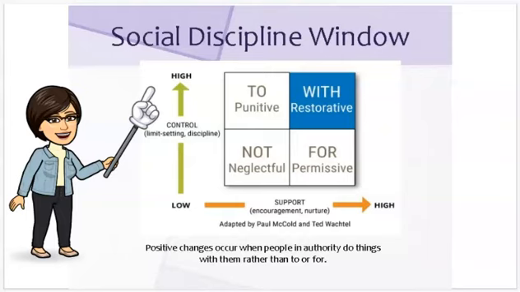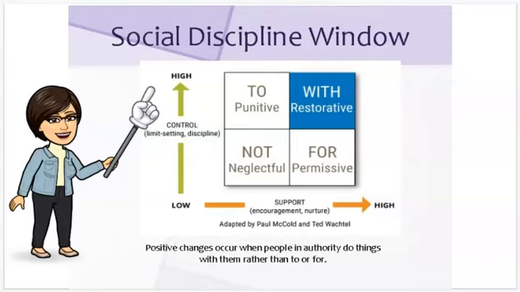As you can see, on the left side we have the green arrow where you have high control, high discipline, and where you have low control, low discipline. Then you have the orange arrow going from left to right, and this is about the support that you give. It's low support or really high support.